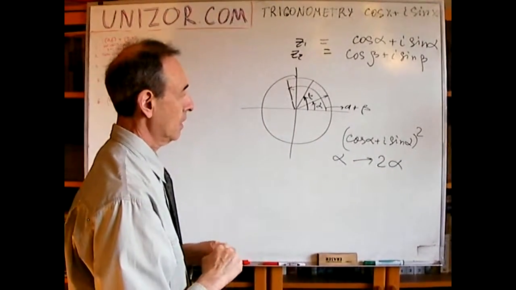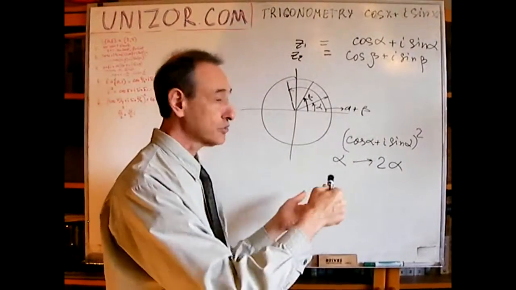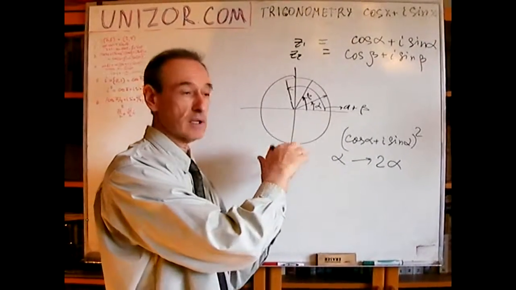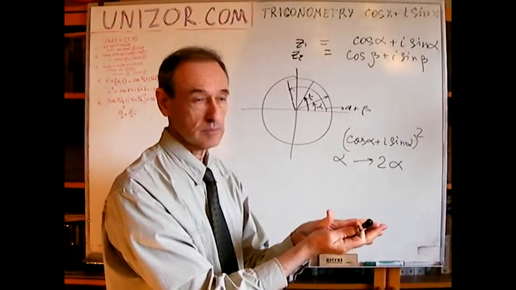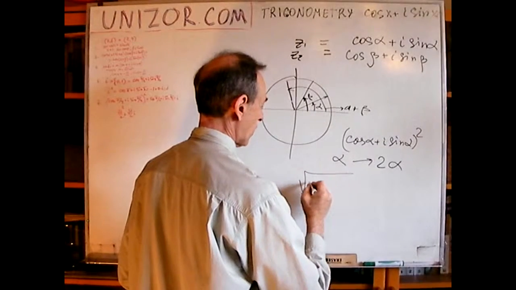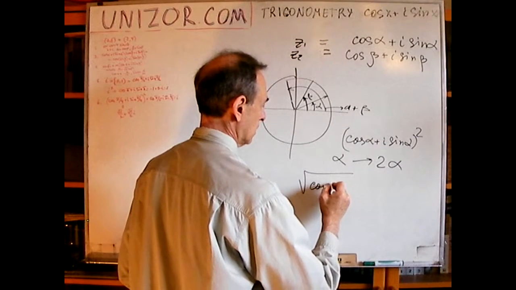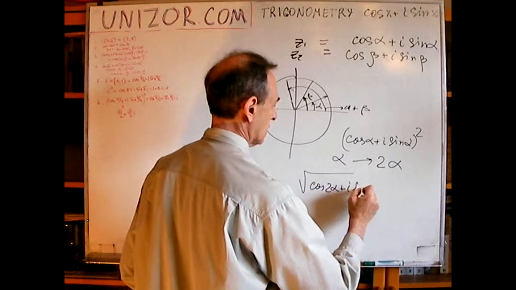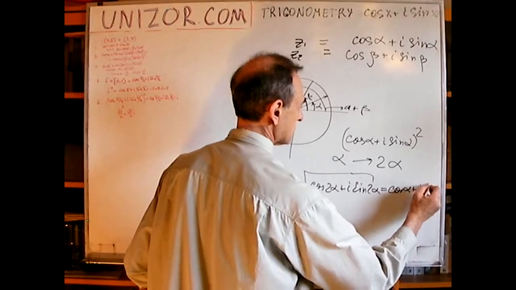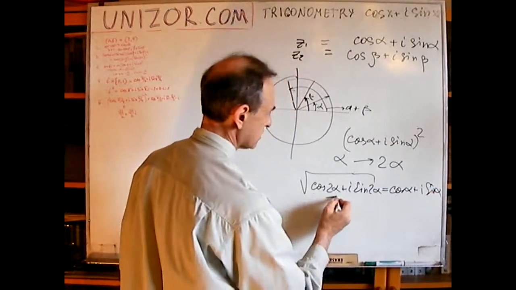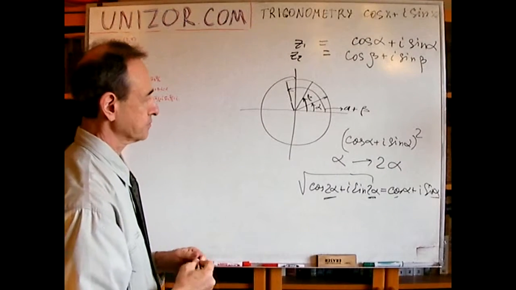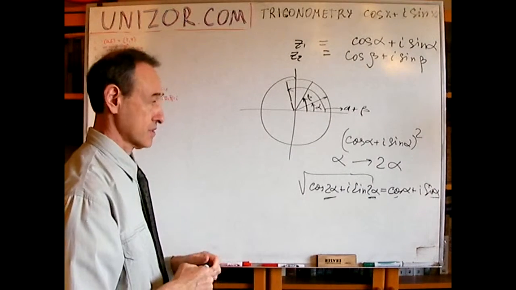And alternatively, if I want to take a square root of something, instead of doubling the angle, I have to halve it, right? So if I want to take the square root of cosine 2 alpha plus I sine 2 alpha, that would be cosine alpha plus I sine alpha. So this is 2 alpha and this is 1 alpha. Right? So that's quite interesting.